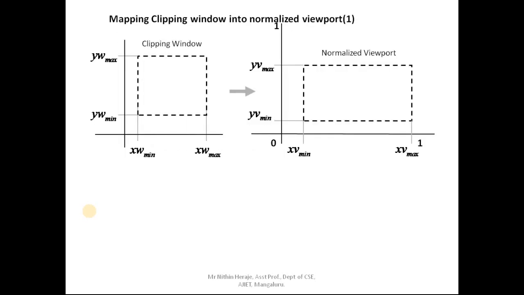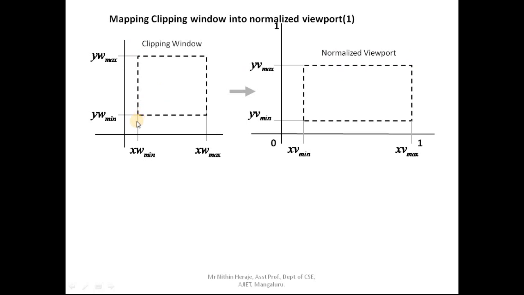So here, mapping the clipping window into the normalized viewport. As you see here, there is only one transformation, that is from the world clipping window to the normalized viewport. Okay, so this is the first approach.